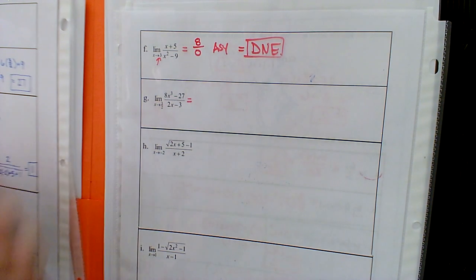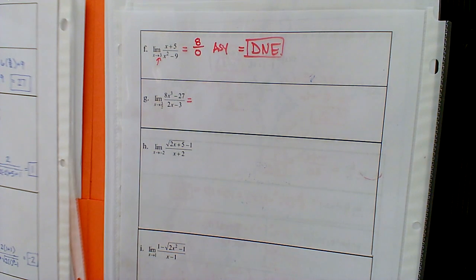All right, let's go ahead and try the next one. A little tricky because we're plugging in a fraction. Okay, we have 3/2, but go ahead and give it a shot.